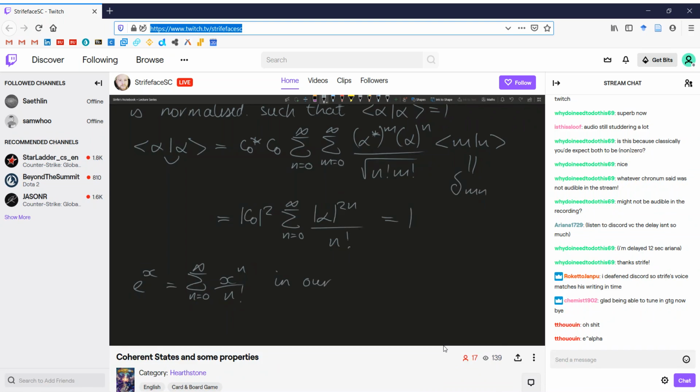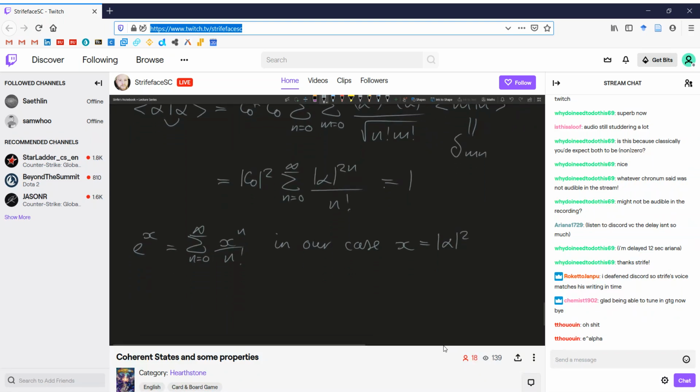Therefore, we have just an exponential, C naught squared times e to the alpha squared. Now we're going to rearrange, divide through, and take the square root, and we see that C naught equals e to the minus a half mod alpha squared.